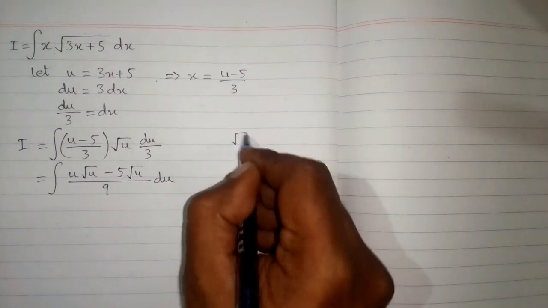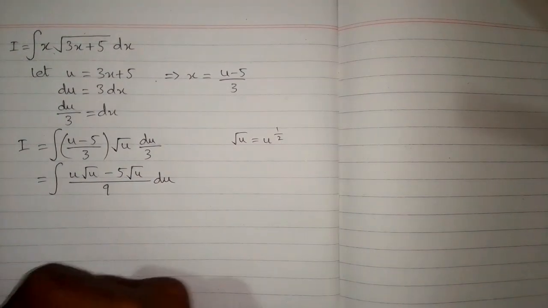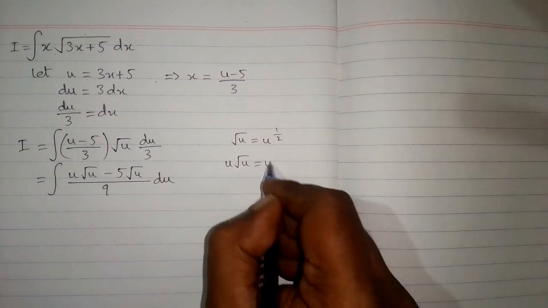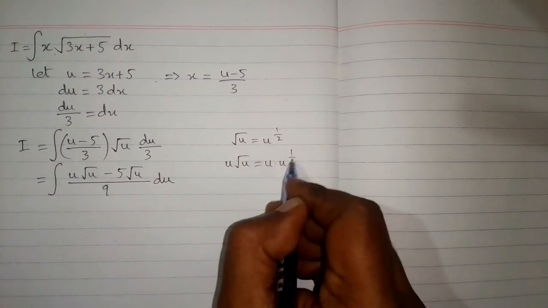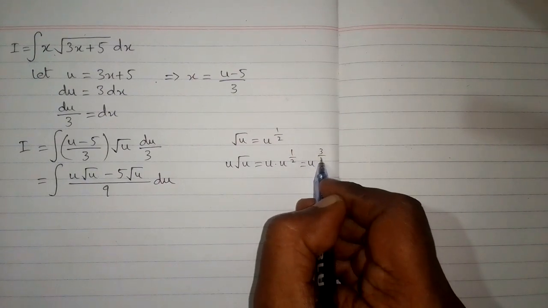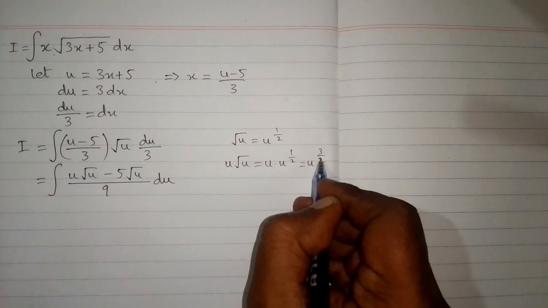Now we know that the square root of u means u raised to the power 1 upon 2, and u times square root of u means u times u to the power 1 upon 2, which is equal to u raised to the power 3 upon 2, because 1 plus 1 upon 2 is 3 upon 2.